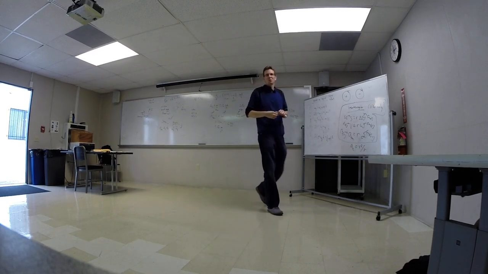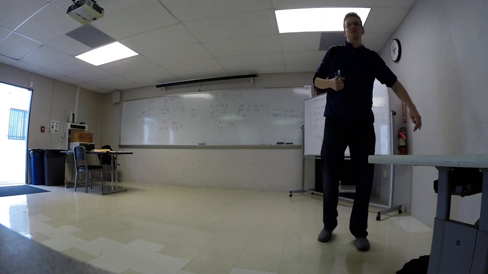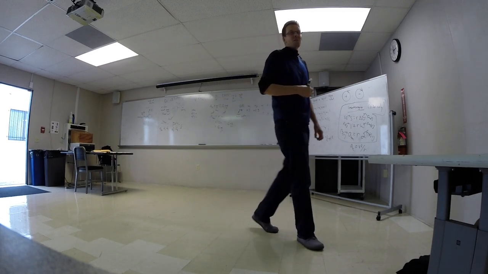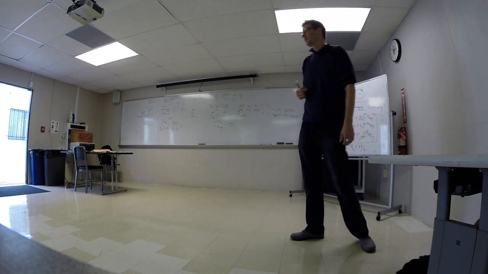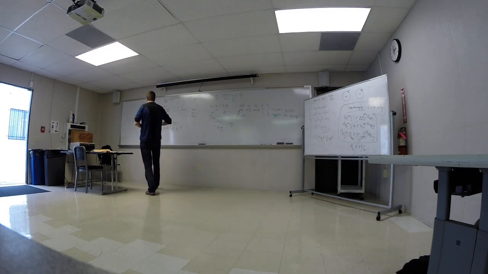Notice, by the way, once the velocity switches direction, it needs to switch direction, so it's always working against you. That's the only way you're going to keep slowing down, is if you have something working against you. So now we have a tan.